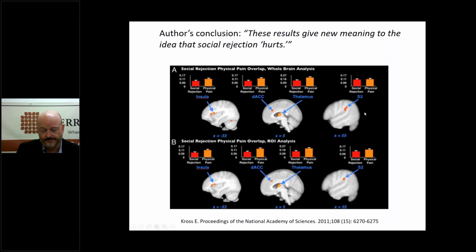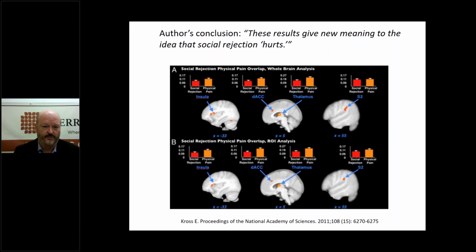This is a study that looked at people who had experienced social rejection. They had a breakup in particular. They looked for study subjects that had a breakup of a significant relationship recently. They scanned their brains under two different circumstances.